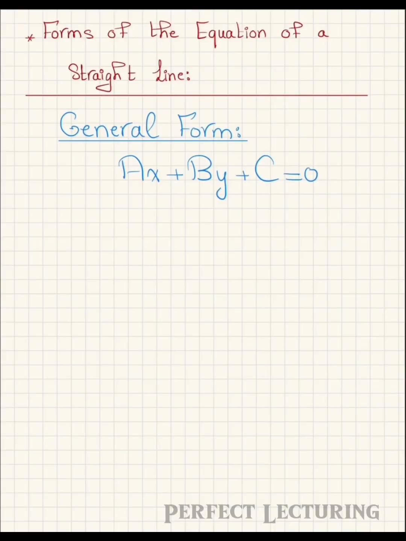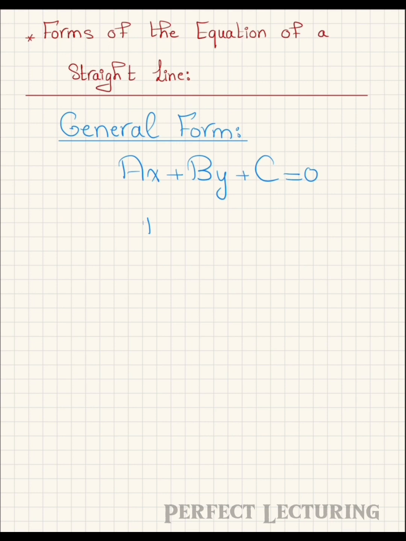The other form of the equation of a straight line is the general form, ax plus by plus c equals 0. In order to find the slope of a straight line that is represented in the general form, of course we cannot say that it's a, because in order to find the slope, we must have the line represented in the standard form, I mean y equals some m times x plus b. Thus, in order to find the slope, we must isolate the y first.